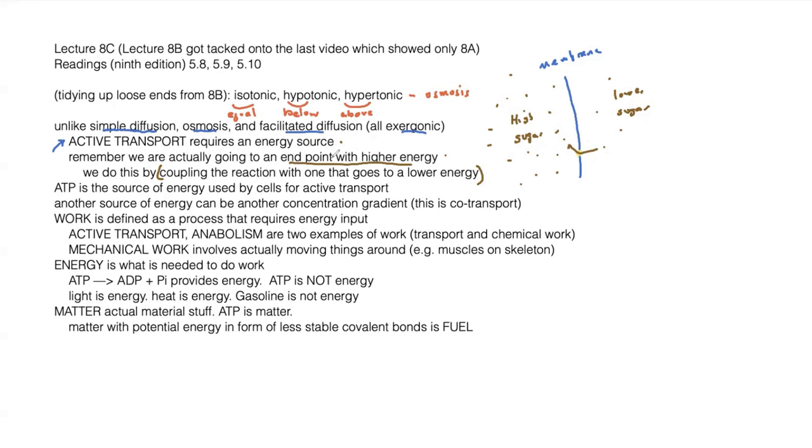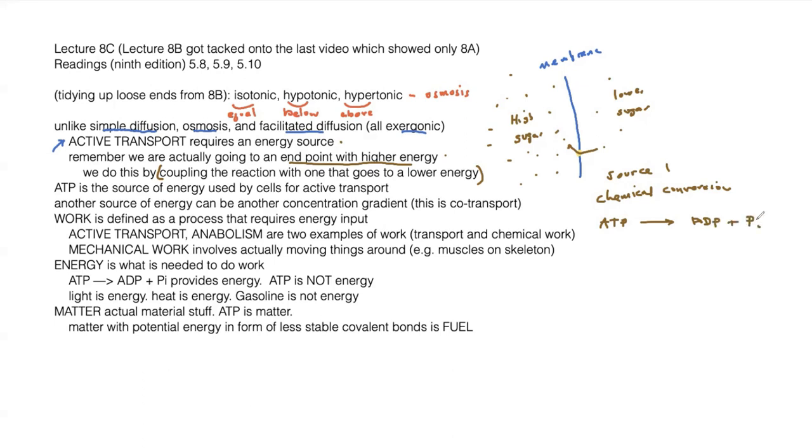Now one of those sources, source number one, might be a chemical conversion of a high energy molecule like ATP to low energy end products like ADP plus phosphate.